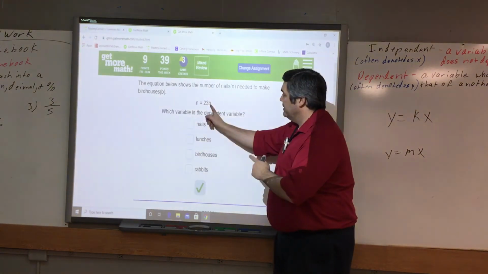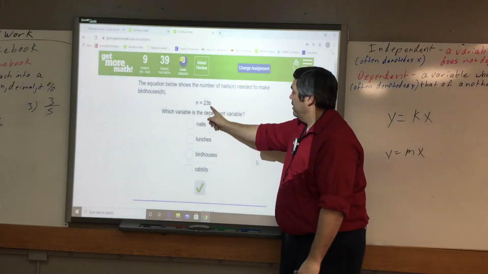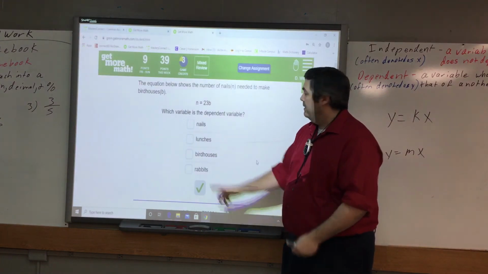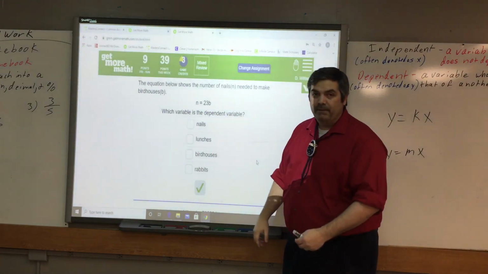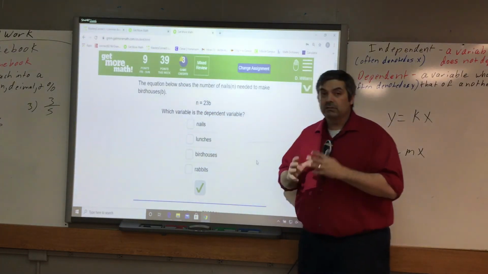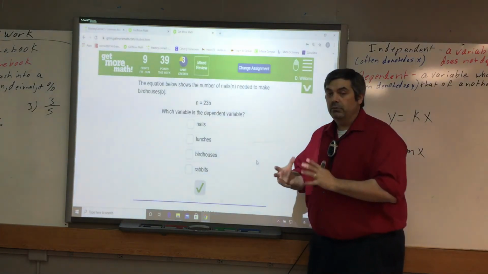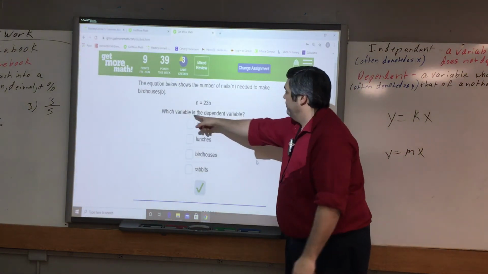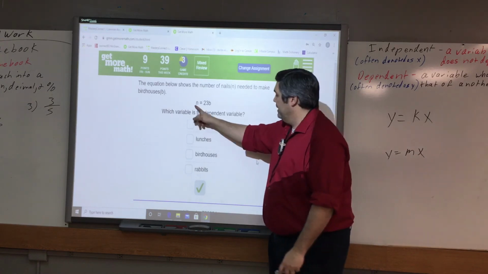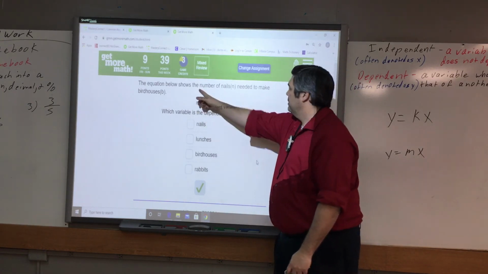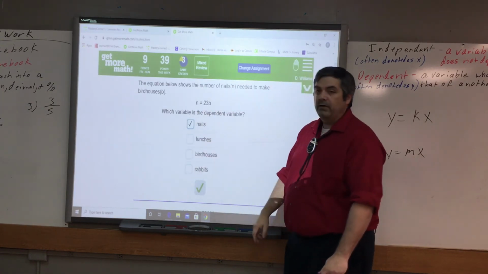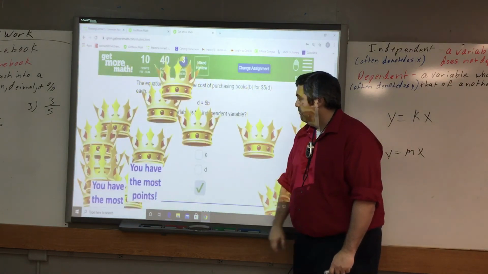So as I change this, this changes. So right here is my independent, here is my dependent. Okay, this really isn't hard, but you got to know what you're looking at. All right, so which variable is the dependent variable? Well, n. What does n represent? The number of nails. That's what you're looking for.